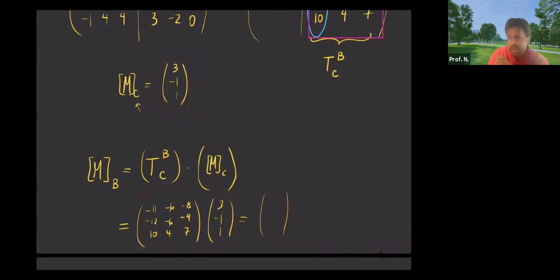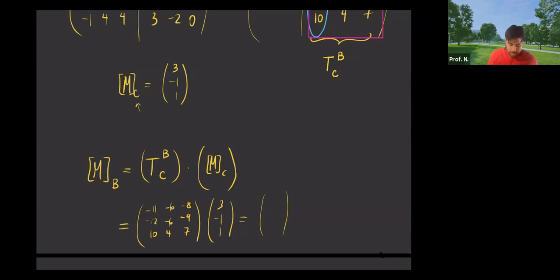So if I actually perform that matrix multiplication, I get -11, -6, -8, -12, -6, -9, 10, 4, 7, and then the column vector 3, -1, 1.